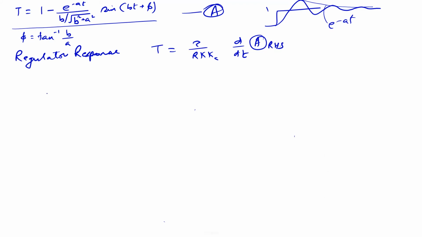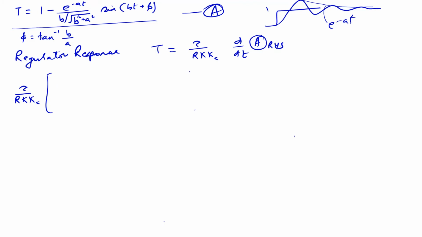Alright, so the regulator response is going to be tau by r k k c multiplied by the derivative of the right hand side of it. So the derivative of 1 is 0, and then what you get is minus a times e to the power minus at.